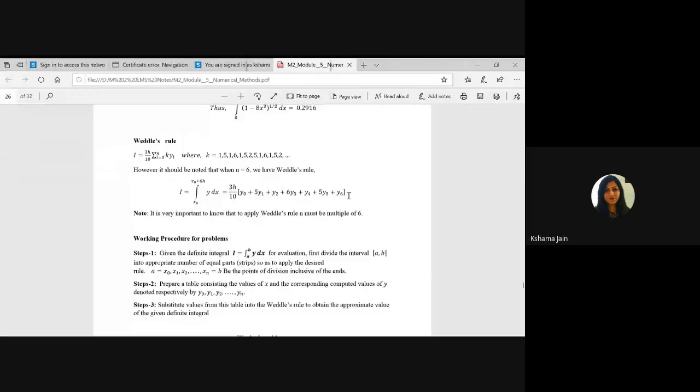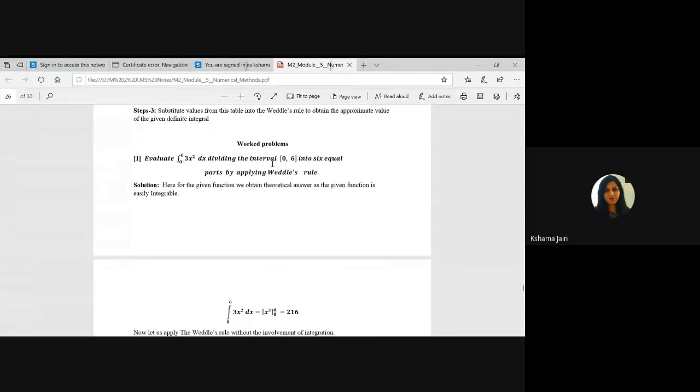The terms of y will come in sequence of y naught, y1, y2, y3, y4, y5, y6, y7, y8, y9 like this, and the coefficient will be varying like this in this series: 1 5 1 6 1 5 1 6 like this.